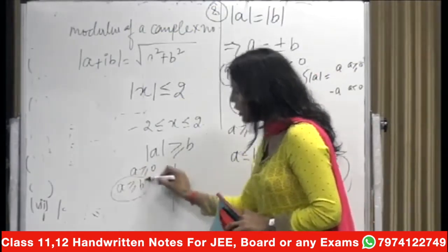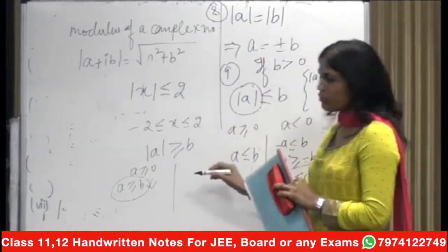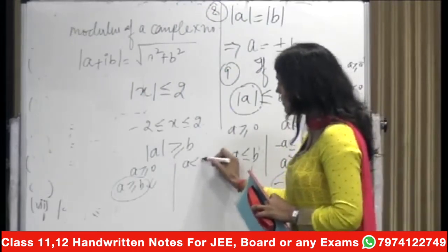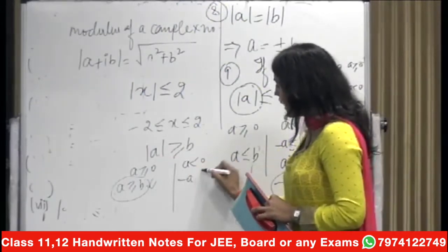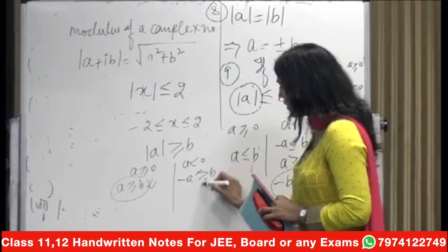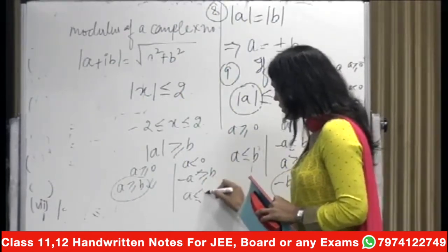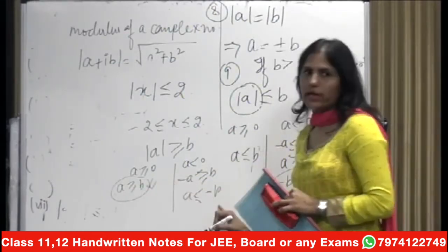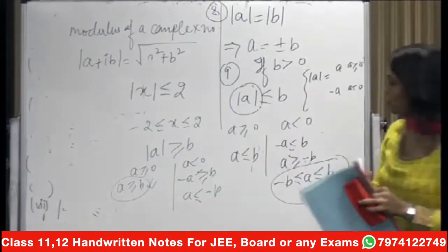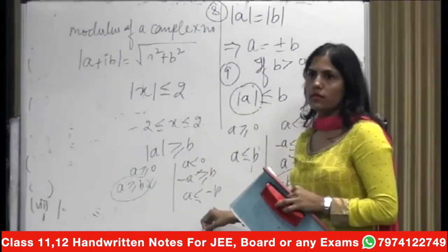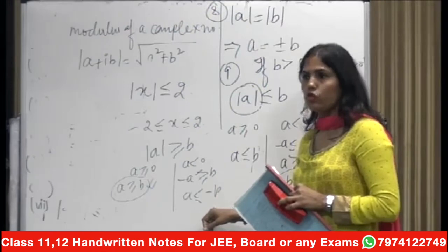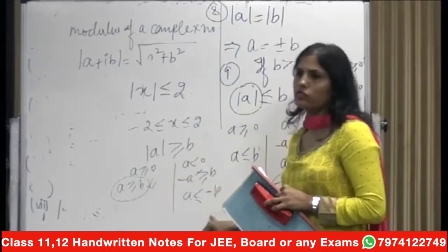So these values are the first solution. When a is less than 0, this value will be minus a. So these are the solutions. I can combine both the solutions. So these are the solutions in this case.